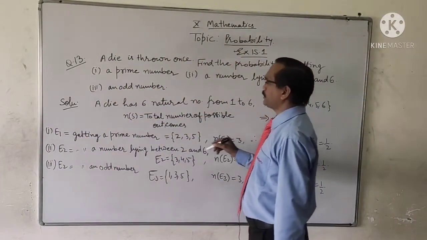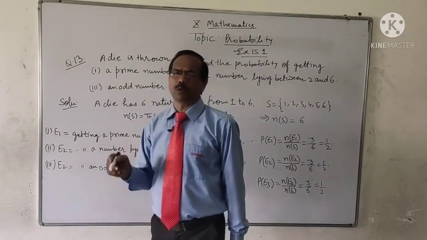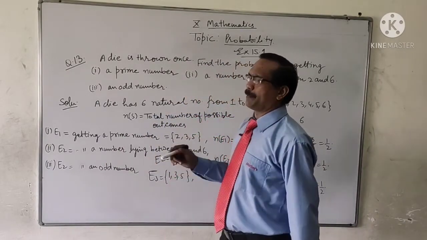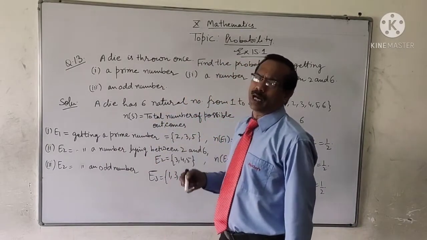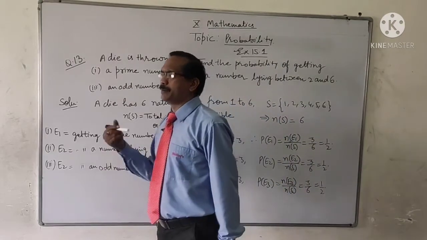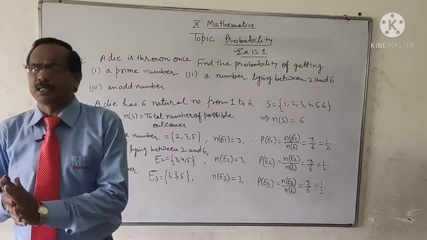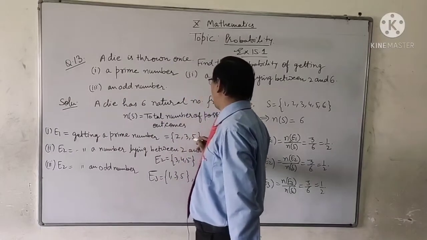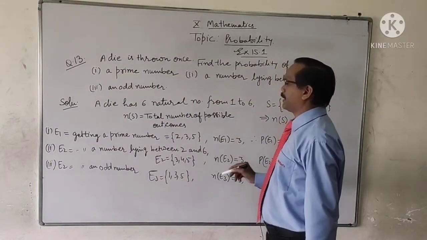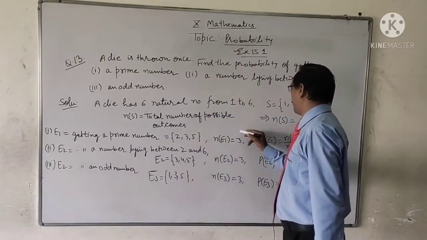Now, in the first part, a prime number. Students, you must know 2, 3, 5 are the prime numbers. 2 is the only even prime number. So whenever we throw a die and get a prime number, the cases are 2, 3, 5, and n(E) means number of favorable outcomes, that is 3.